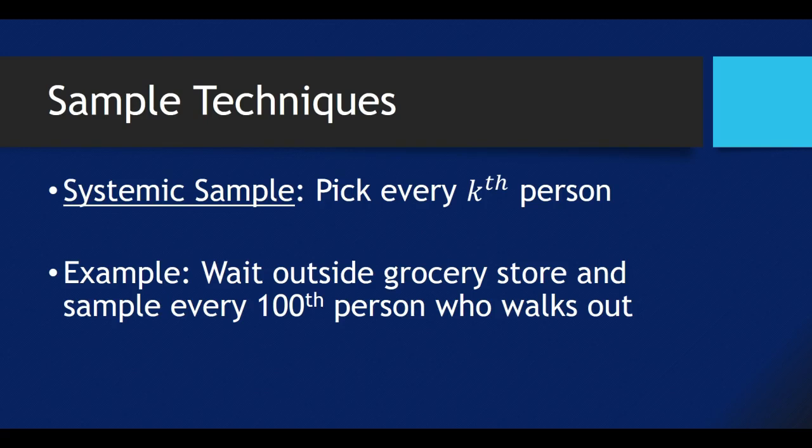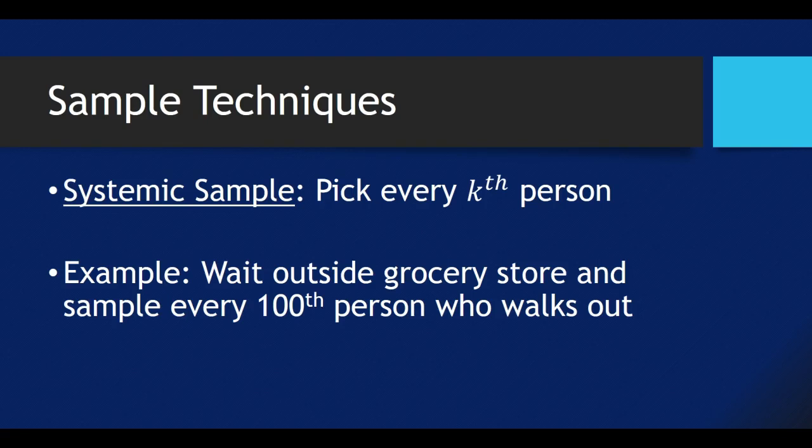Instead of trying to get a random sample from that grocery store, what we're going to do is wait outside that grocery store, and just every 100th person who walks out, we're going to put that person in our sample and ask if they want to do a survey and survey those people. This is how sampling is done with exit polling.